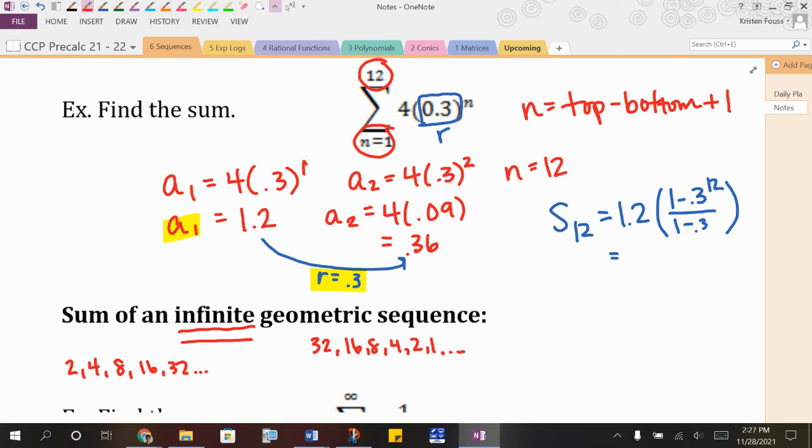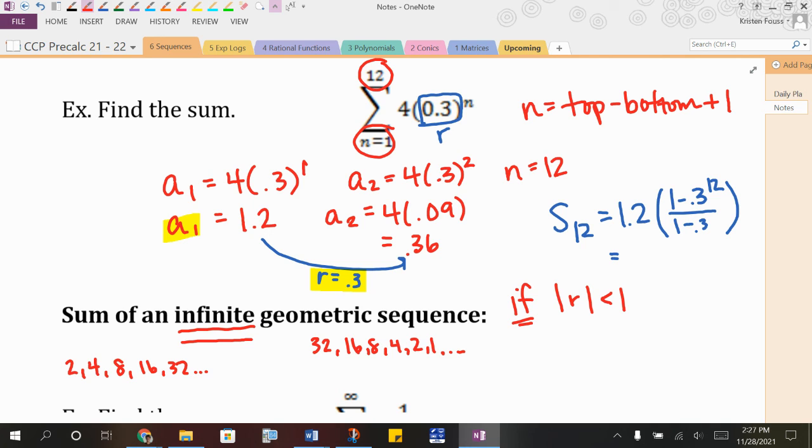So if the absolute value of your r, what you're multiplying by, is less than 1, then we can find a sum. That's basically telling me as long as my consecutive numbers are getting smaller, getting closer to 0, then we can find a sum.